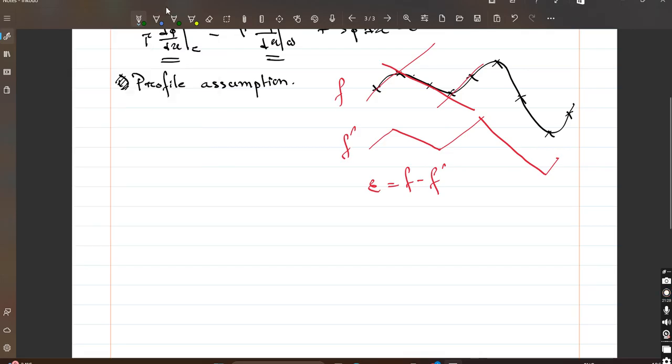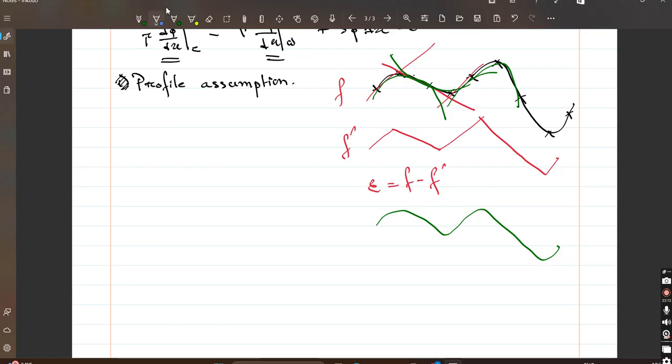But rather than a linear assumption, we can take a quadratic assumption. By quadratic assumption I mean the function will now require 3 points, and there will be one function like this, and one function like this. Now the solution will be a bit more accurate, but not 100% accurate, because it is still an assumption that the profile of the function phi is varying either linearly or in a quadratic way.